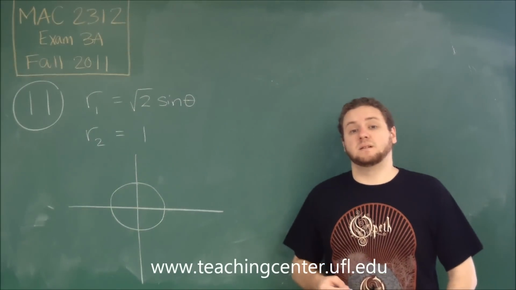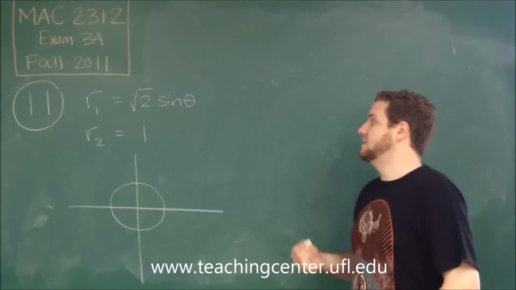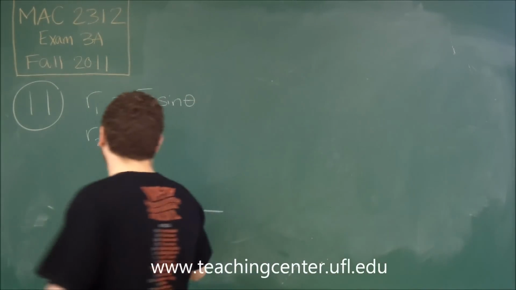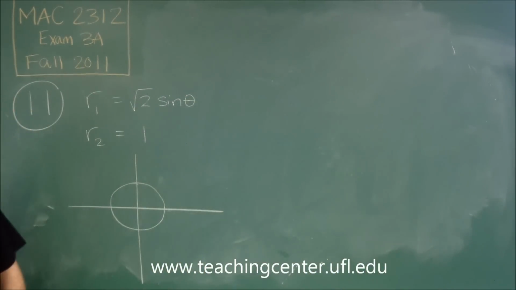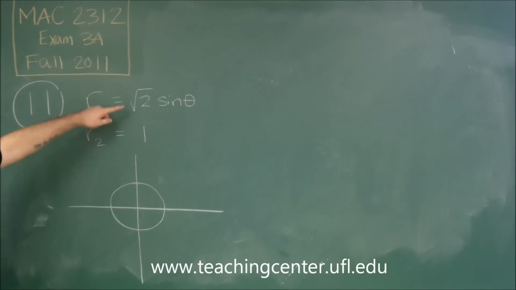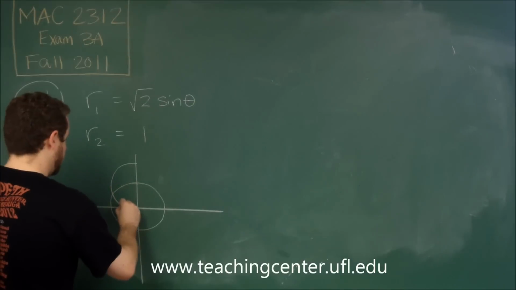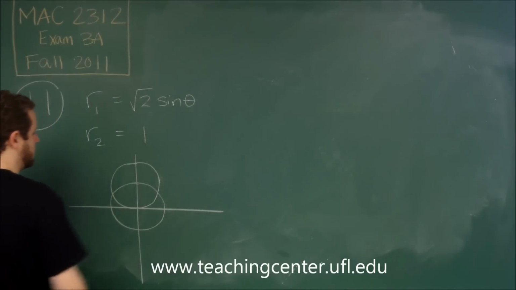Instead, it has the origin as an edge. And since this is sine, this number is positive. We know this circle takes place directly above the origin, and it has a maximum point there of square root of 2. So this looks something like that.